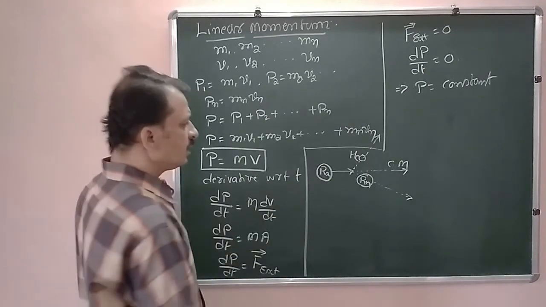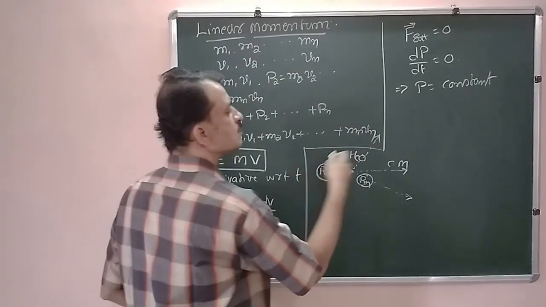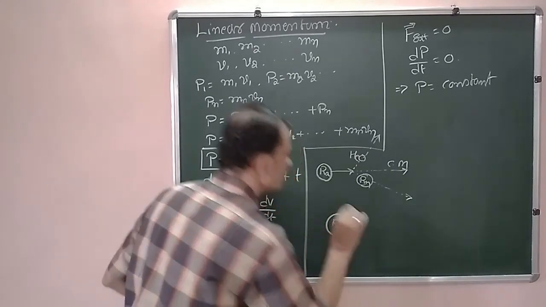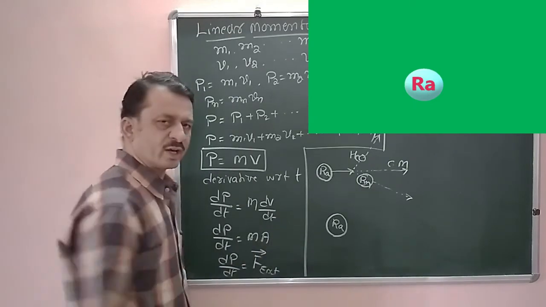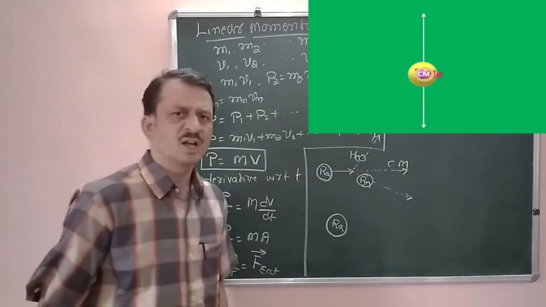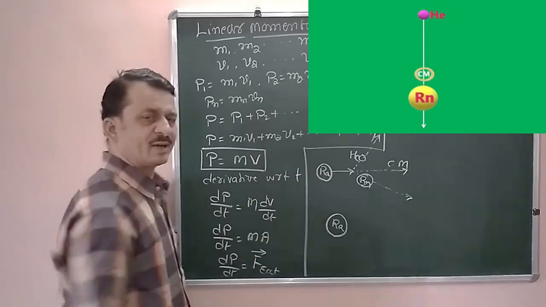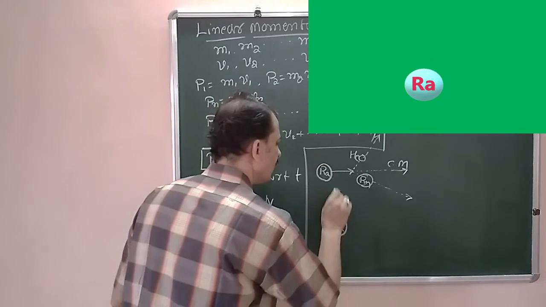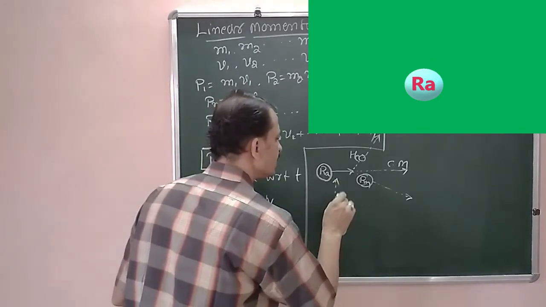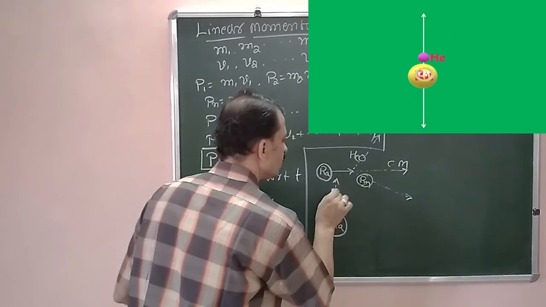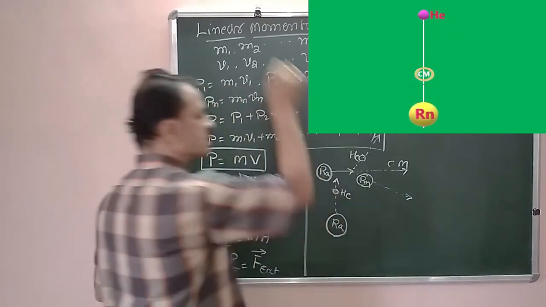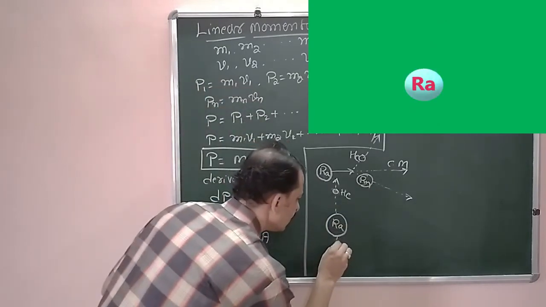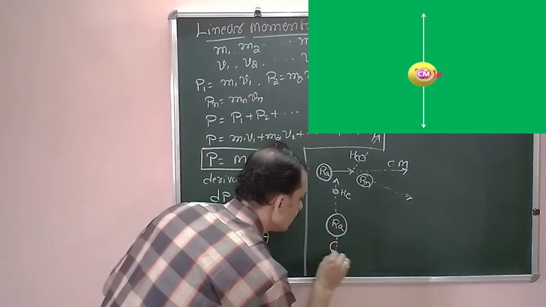In the same example, instead of the radium nucleus moving, assume that the radium is at rest. It is not moving at all. Therefore, the center of mass is also at rest. Now it once again emits the helium nucleus, or alpha particle. The alpha particle starts moving in this direction, the helium nucleus moving in the upward direction. At the same time, the radon starts moving in the downward direction.